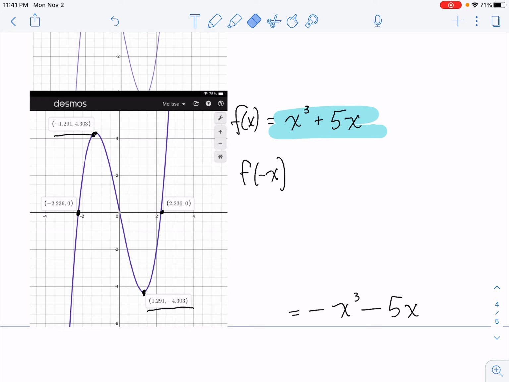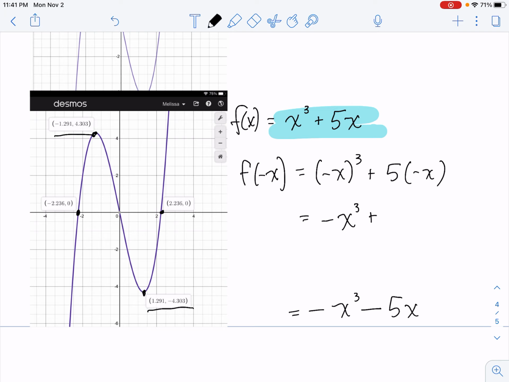If I plug in negative x, I should get negative x cubed plus 5 times negative x. Negative x cubed is negative x times negative x times negative x, which is negative x cubed. It is, actually. Look at that.